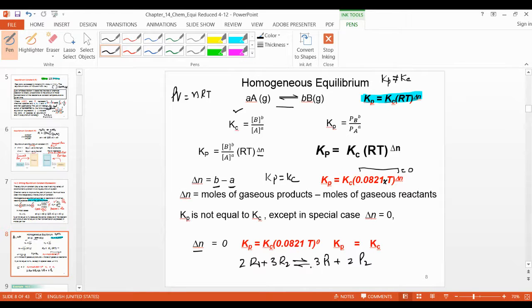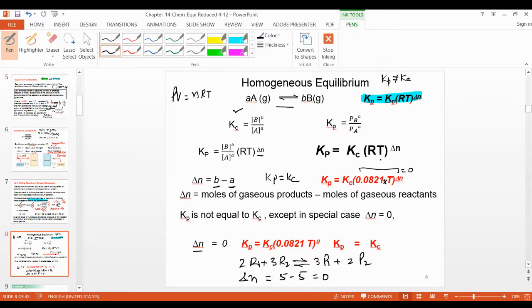Now these are the two reactants and two products. If you calculate delta N, this is 5 minus 5, you will get 0. If delta N is 0, then you put that value 0 here, so now you will get 1. That is why Kc is multiplied by 1, and Kp is equal to Kc.